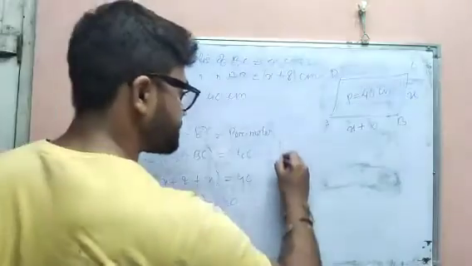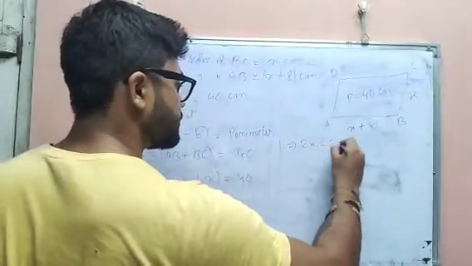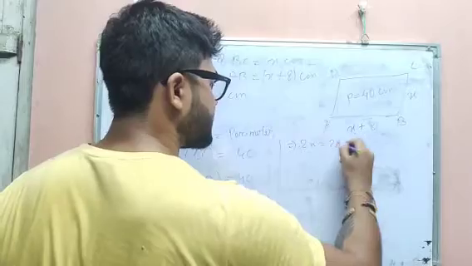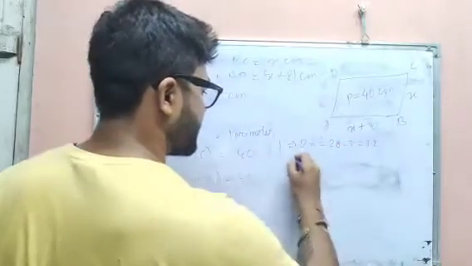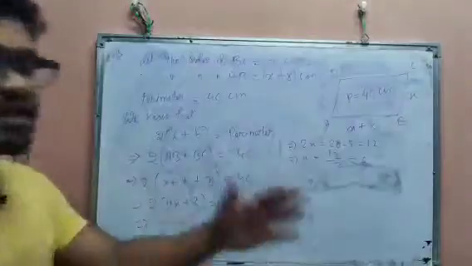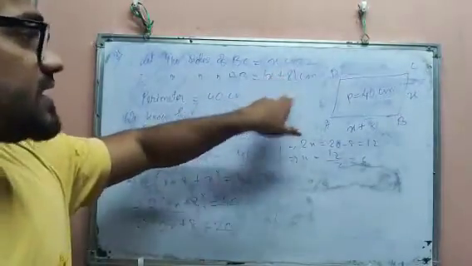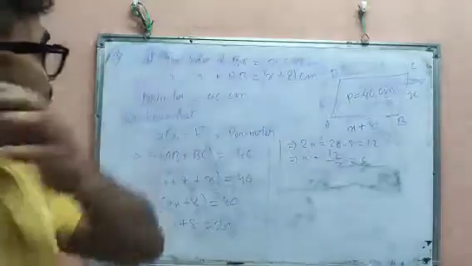So now 2x equal to 20 minus 8 equal to 12, and x equal to 12 by 2 equal to 6. So we are getting x value as 6. That means the sides will be x plus 8, that means 6 plus 8 equal to 14, and only 6 centimeter.